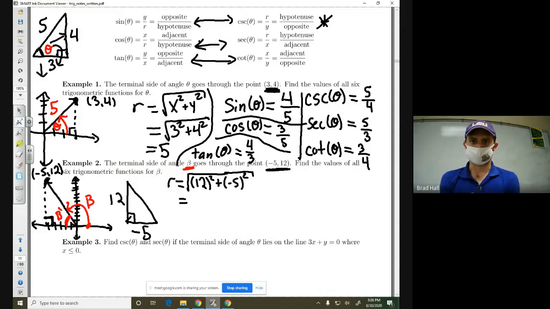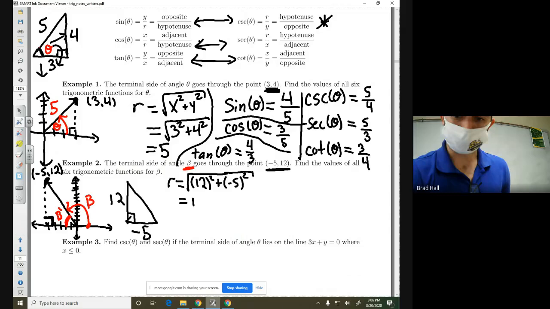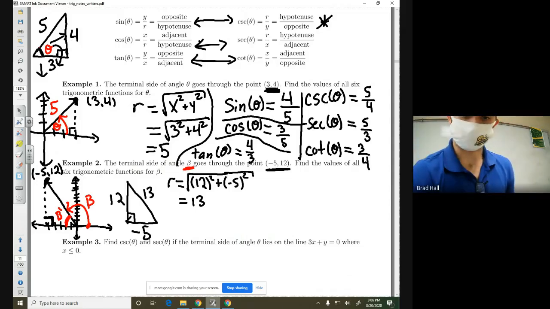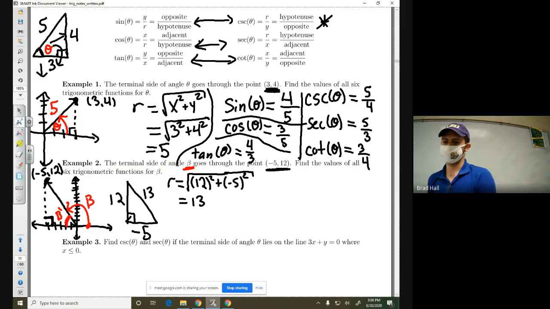If you put it in your calculator the wrong way, you'll get -25, and that's not right. You should get the square root of 169, and then that's 13. That's a special triangle, kind of oddly enough. So in any case, we found the hypotenuse to be 13.